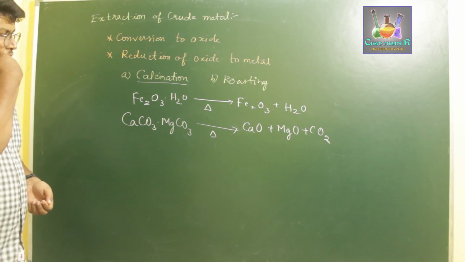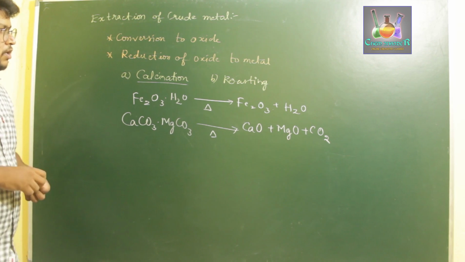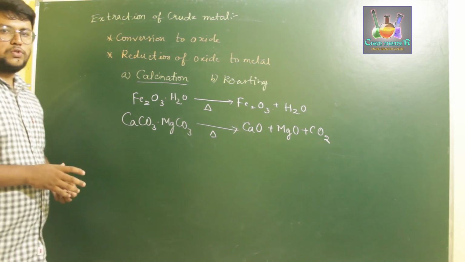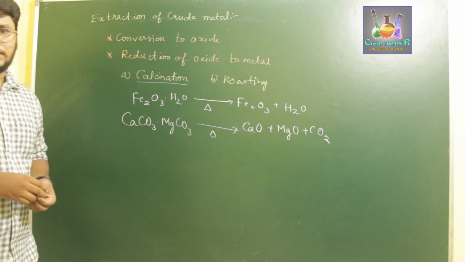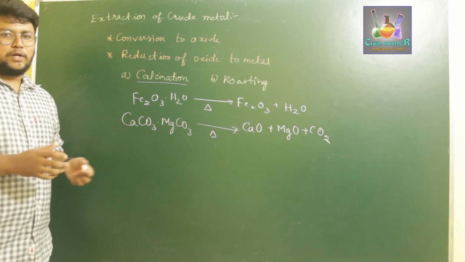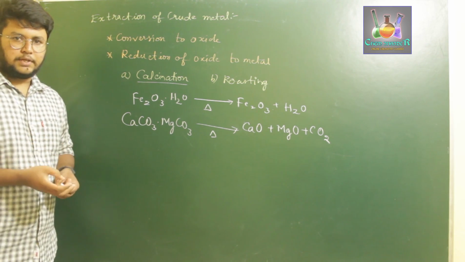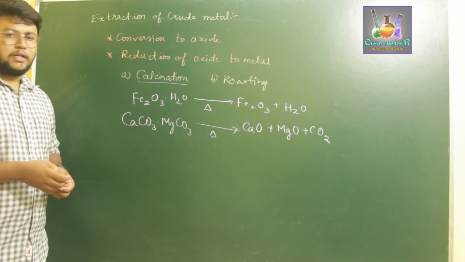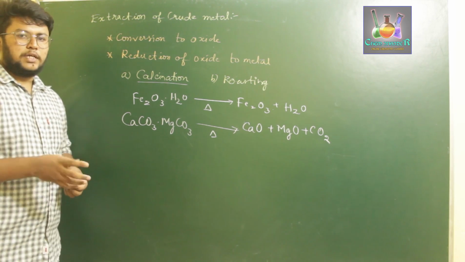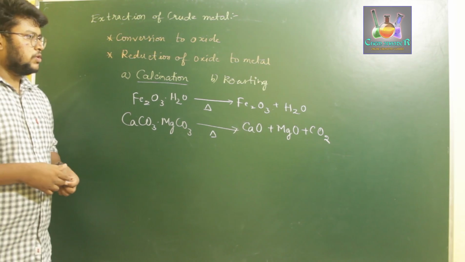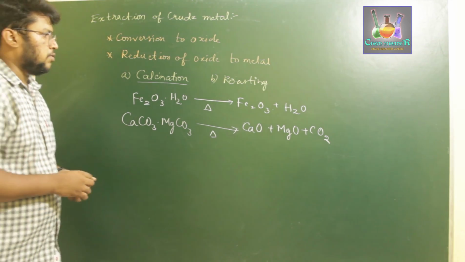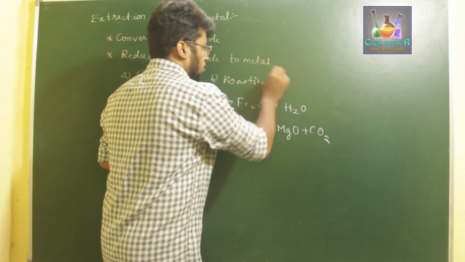In case of roasting, we have several examples. Roasting is specifically used for those components which have sulfide ores present in them. If there are some sulfide ore components, say for example of zinc, copper and also iron, those metal ores can be converted to their respective oxide using the process of roasting.